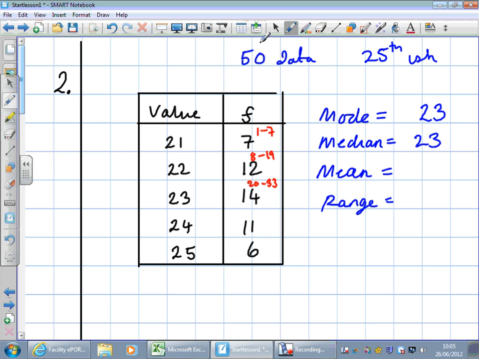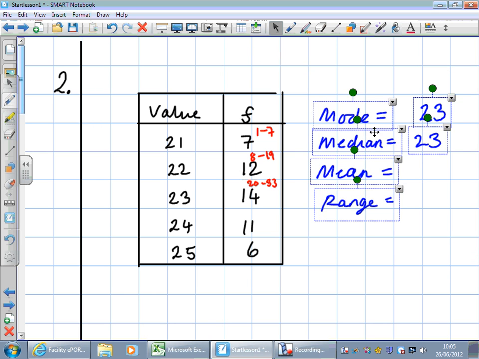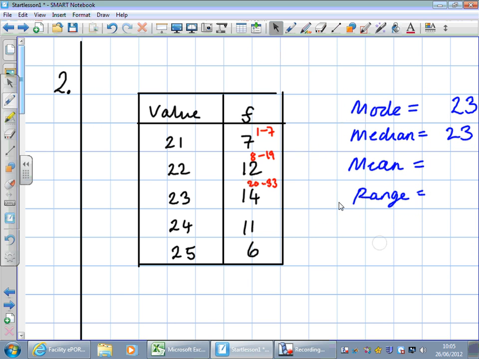Now, we're going to find, if you haven't done it, okay, do this with me. What we do is we multiply the frequency times the value.